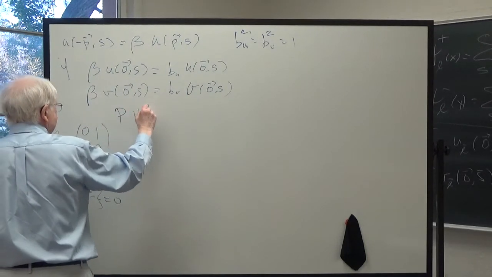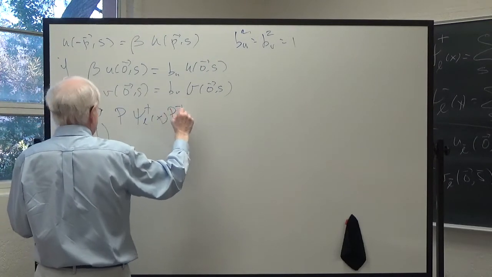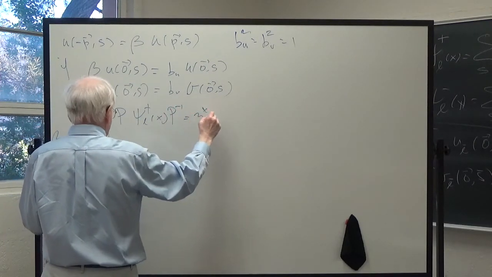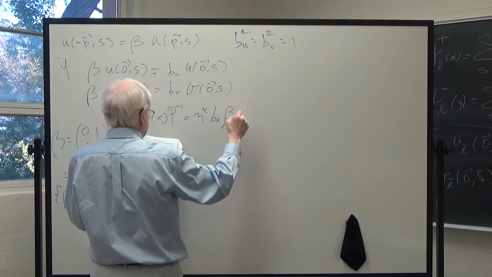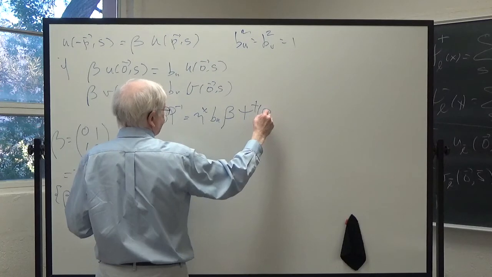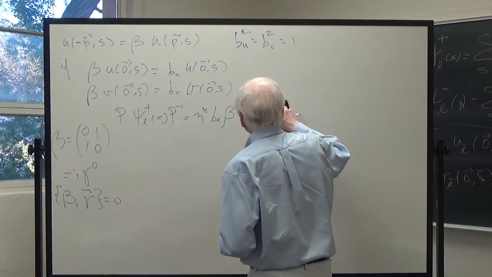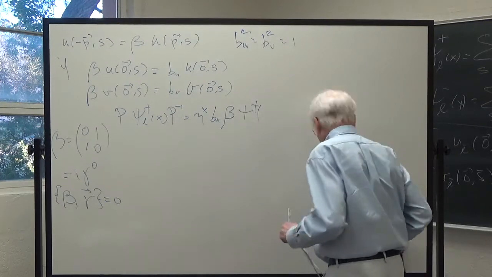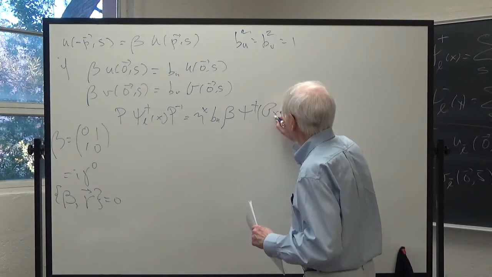P psi plus L of x, P inverse is eta star b sub u beta psi plus of Px.